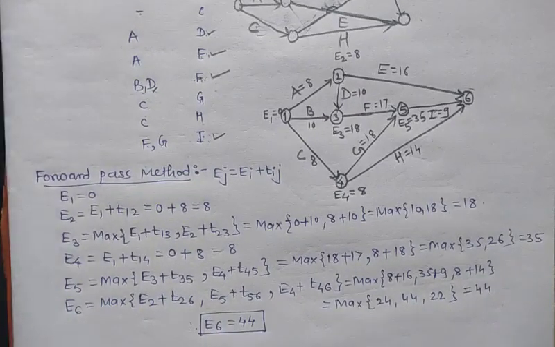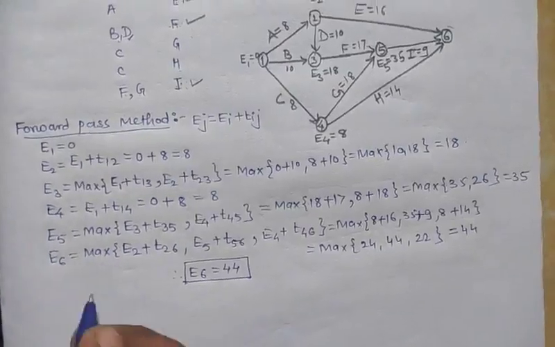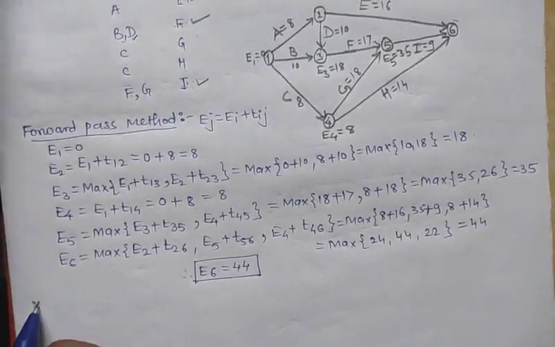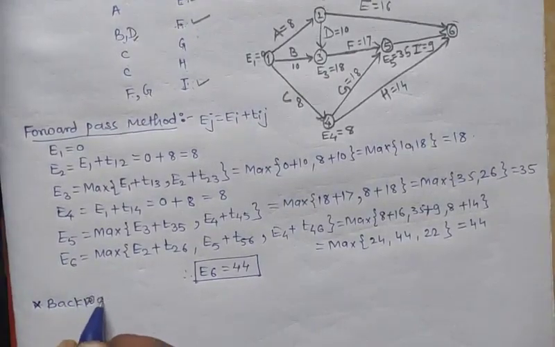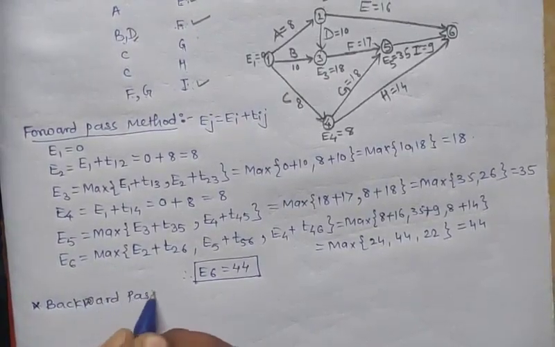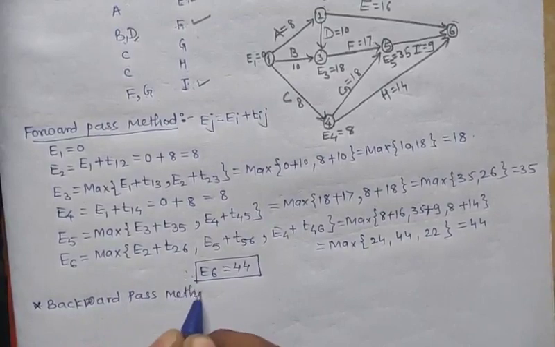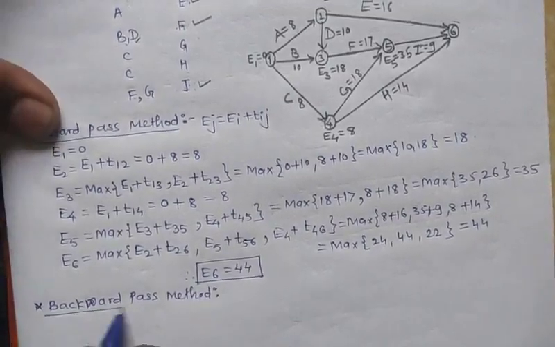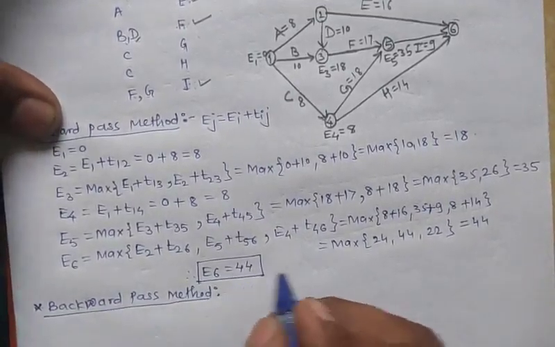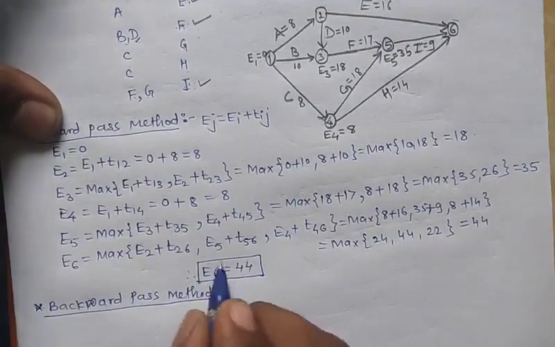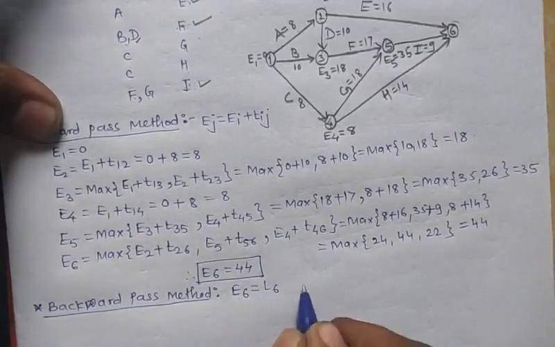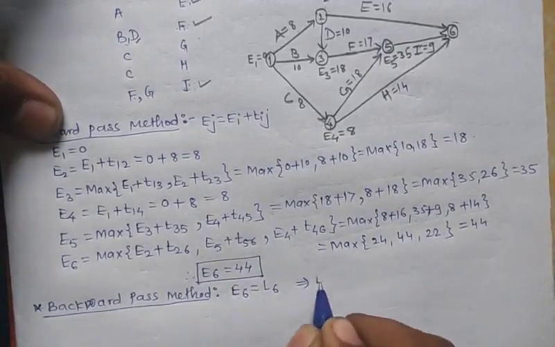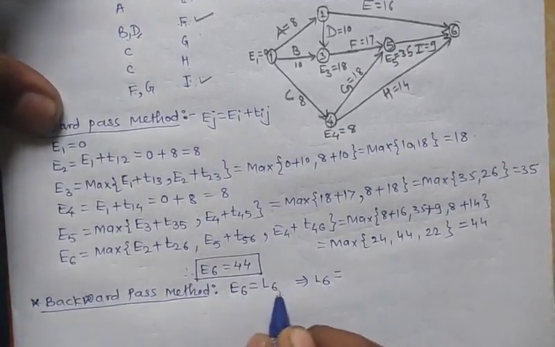Now we will use the backward pass method. The condition for the backward pass method is that the value of the last event, this is E6, must be equal to L6. That implies the value of L6 will be E6.